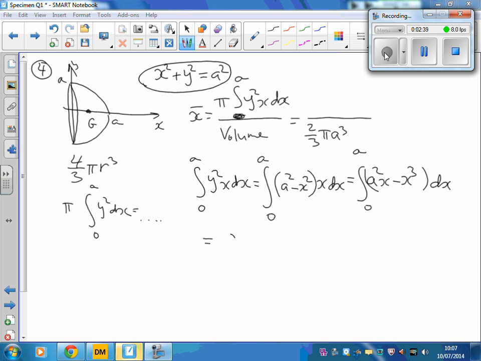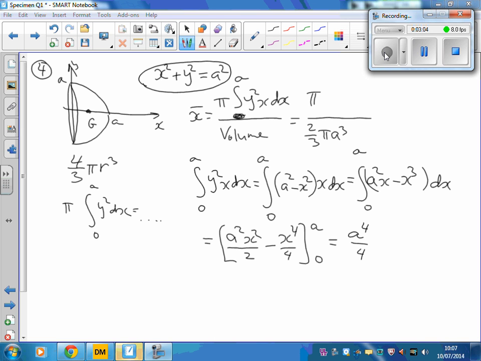So we have a squared x squared over 2 minus x to the 4 over 4. After substituting the limits 0 and a, the final expression is a to the 4 over 4. Let's put it at the top of our fraction.